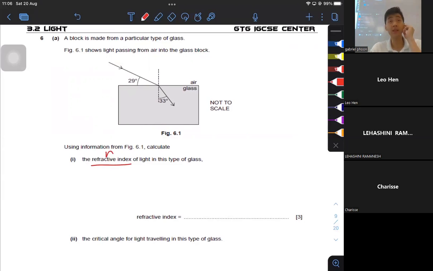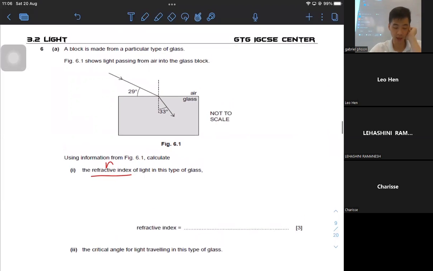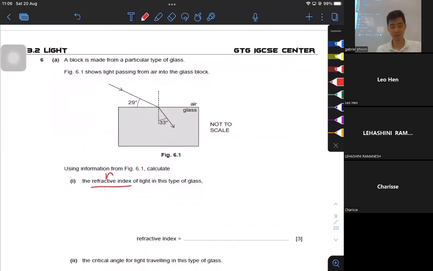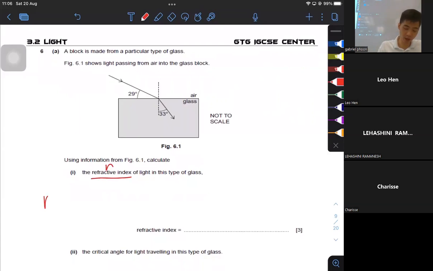Now, looking at this information here, I'm given this angle and I'm also given this angle here. Obviously, I'm supposed to use which formula again? Good. I'm supposed to use the n equals sine i over sine r formula here.